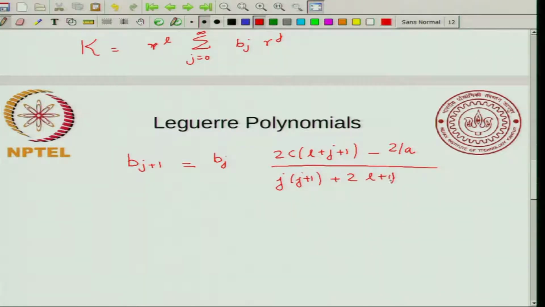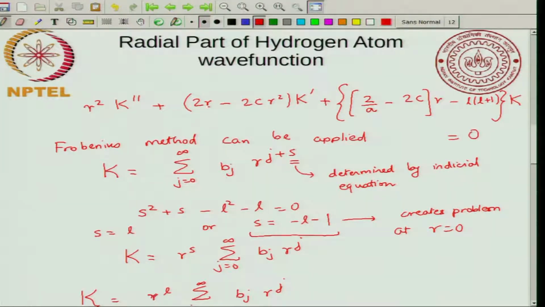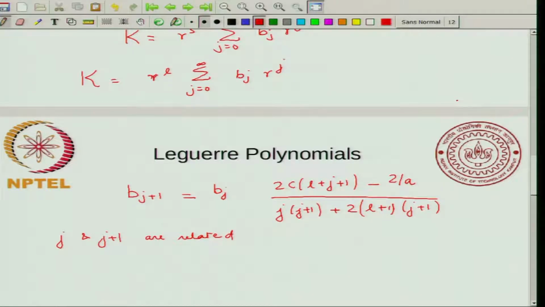What is important is that this recursion relation is what you get, and notice that j and j plus 1 are related. So you do not have only odd terms or only even terms. The reason is your differential equation had a term that has an r k prime and an r square k prime, and similarly it has an r k here. So basically you get coupling between both j plus 1 and j, not just j and j plus 2.